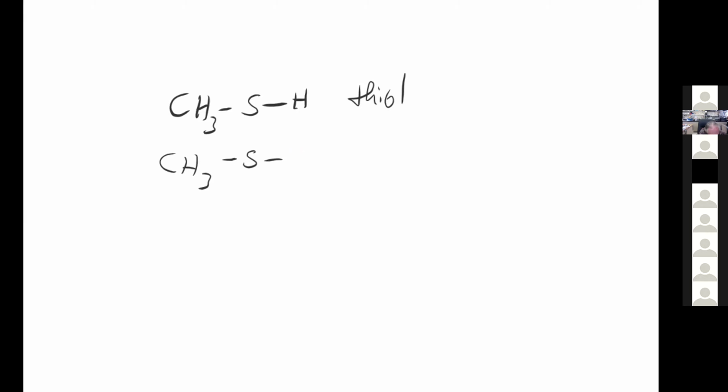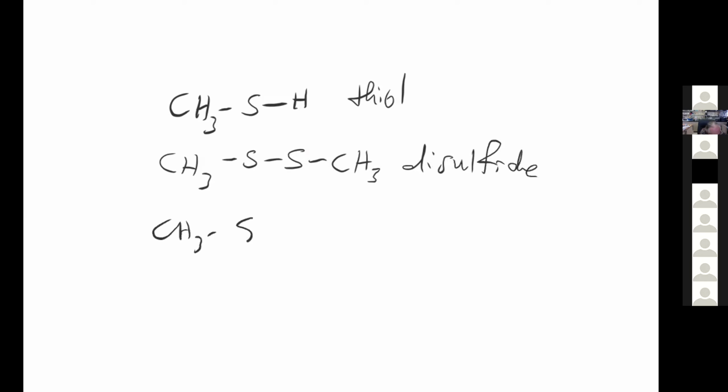Okay, this is a disulfide, and, which we didn't cover here, this is simply a sulfide, right? So most of the time when we name these things, we simply call this by its functional group, which is a disulfide. We name this as a sulfide. That's the name of the functional group.